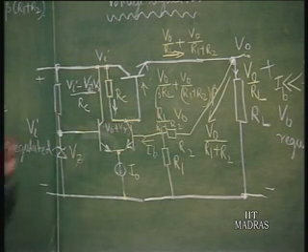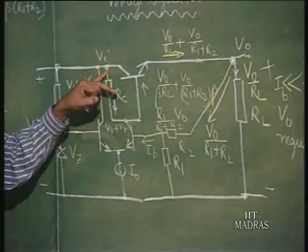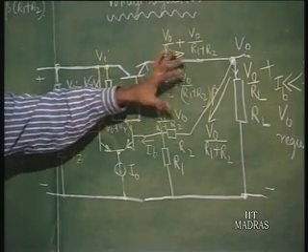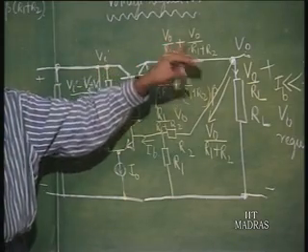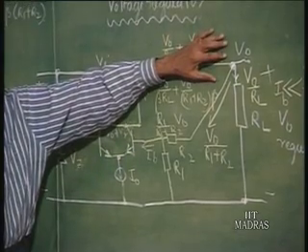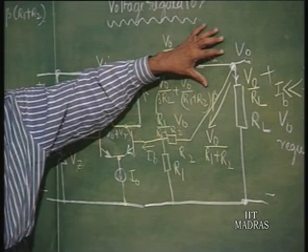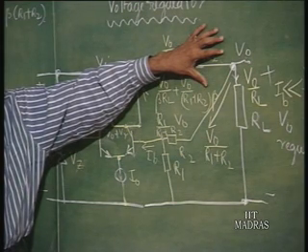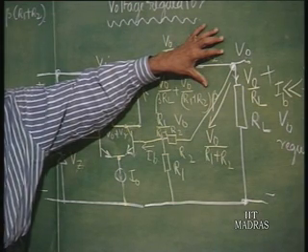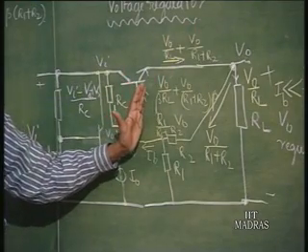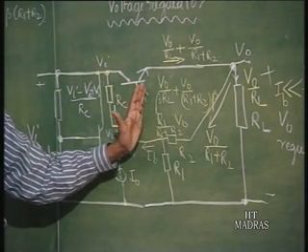Now, for a certain load here and output voltage, this current is constant. Let us say this current is 100 milliamperes and beta is 100, let us say. So, the base current is a constant requirement of 1 milliampere.